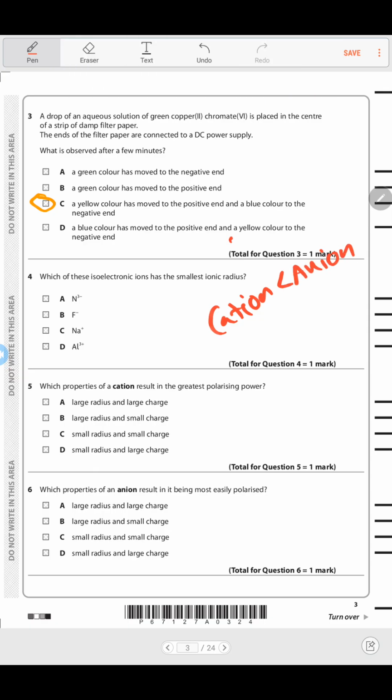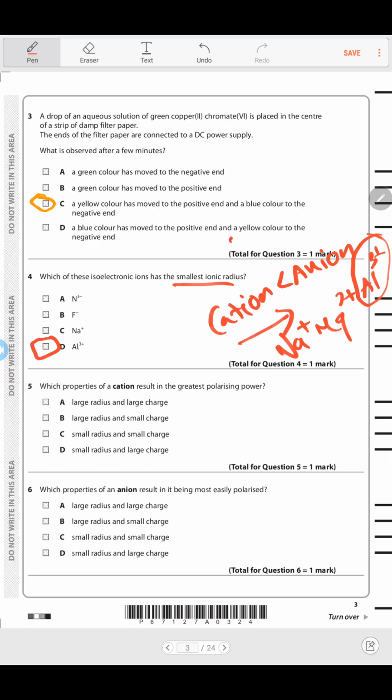Al3 plus has the smallest here, and N3 minus and F minus are bigger. So the question asks which one has the smallest. Always remember, across the period the ionic radius decreases. So we have Na plus, Mg2 plus and Al3 plus. Who has the smallest ionic radius? Al3 plus. There are reasons behind this answer, but since it's MCQ, please always go with the trends.